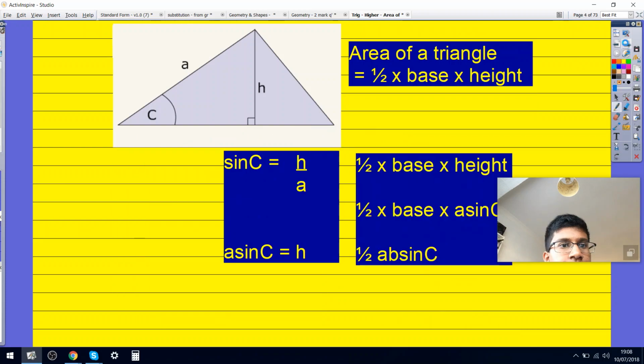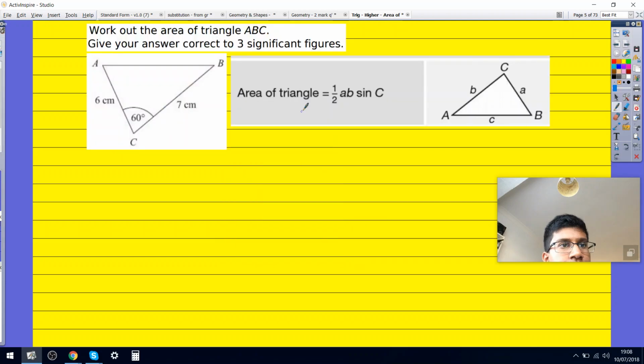Okay, exam question. You're given this formula. Find the area of this triangle. So 6 and 7.